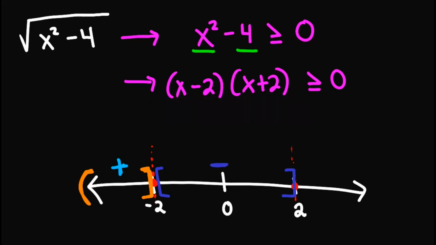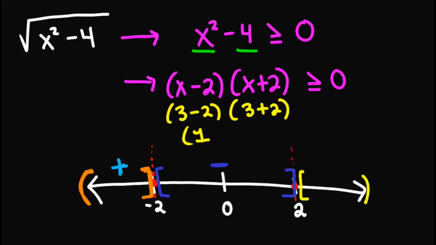Let's go on to the last one. Let's have yellow. Still with this part out here. So what value can we use out here? Well, we can use 3, since 3 is clearly around out here. So if we have 3 minus 2 times 3 plus 2, we'll have here 1, and we'll have here 5, which will give us 5, which is valid in this inequality.